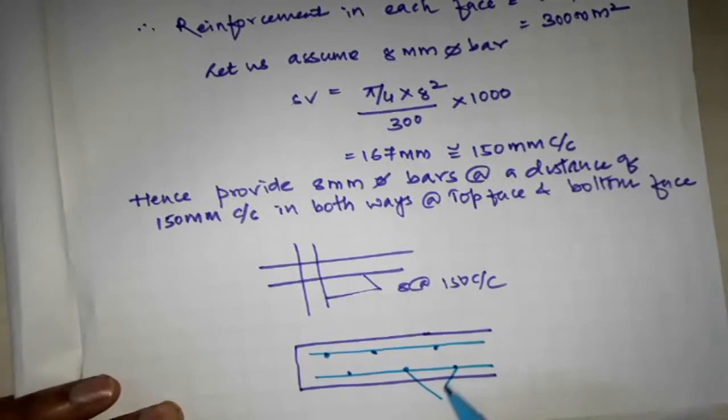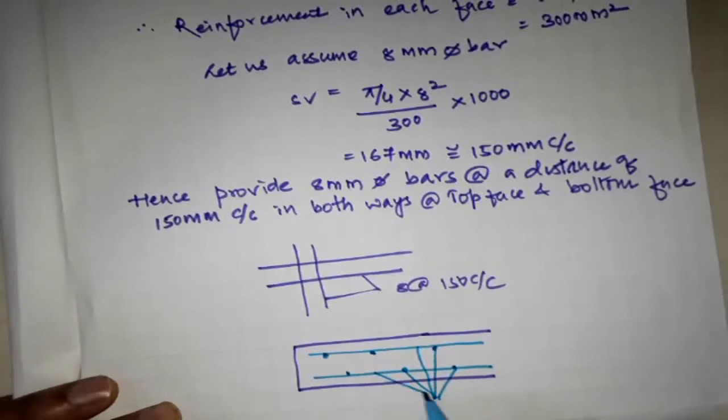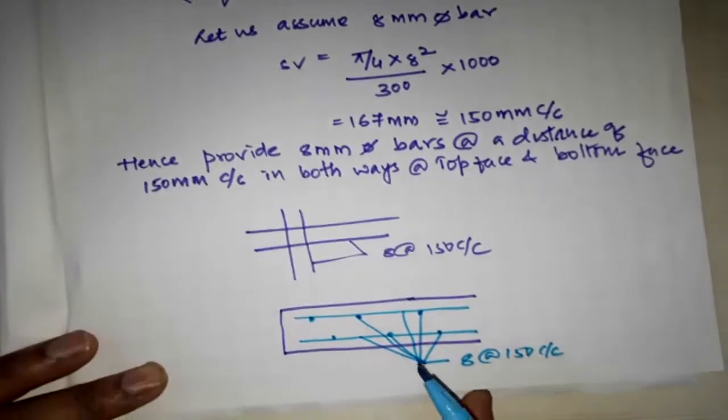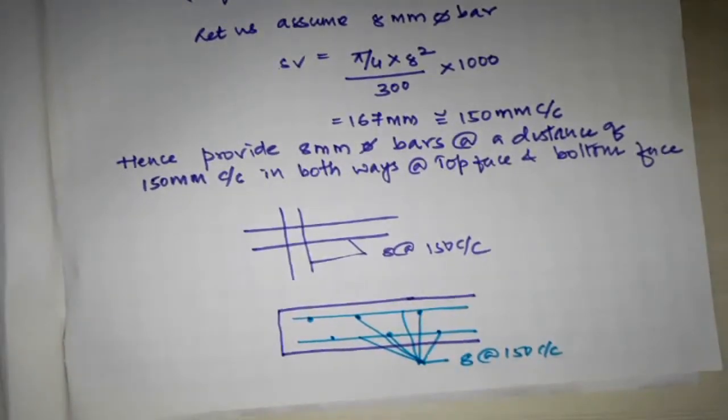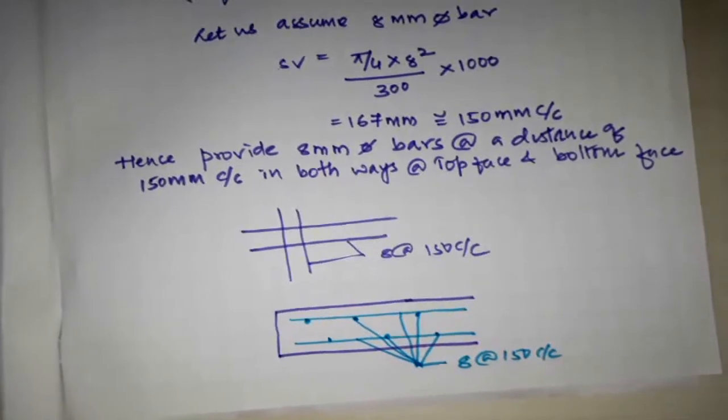So these are 8 at 150 center to center. The reinforcement in both the ways is 8 at 150 center to center. Now we'll see the detailing part, how it looks.